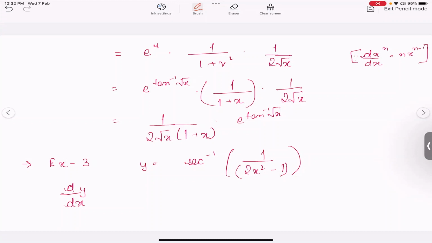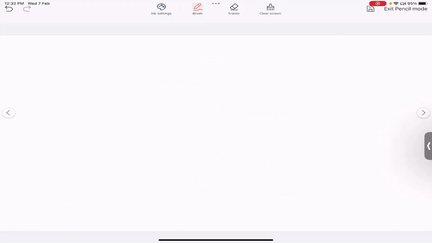Let's see, this will be equal to d by dx of sec inverse of 1 by 2x square minus 1. Now let u is equal to 1 by 2x square minus 1.